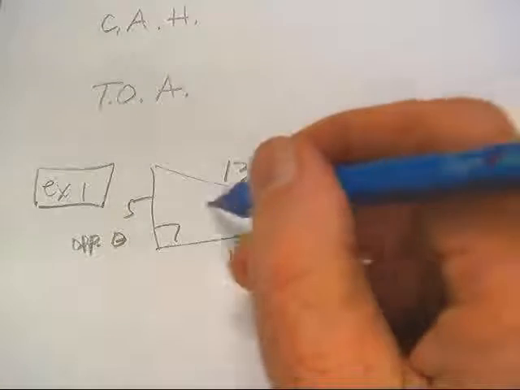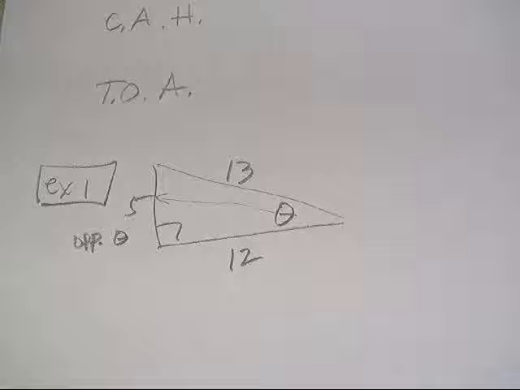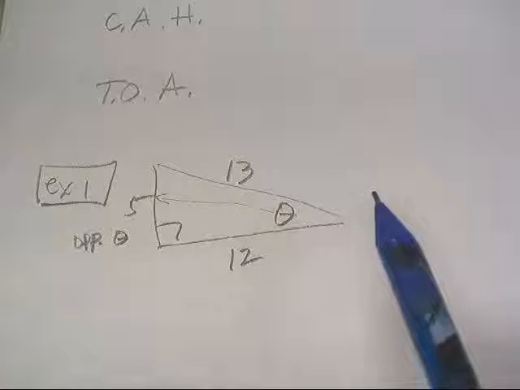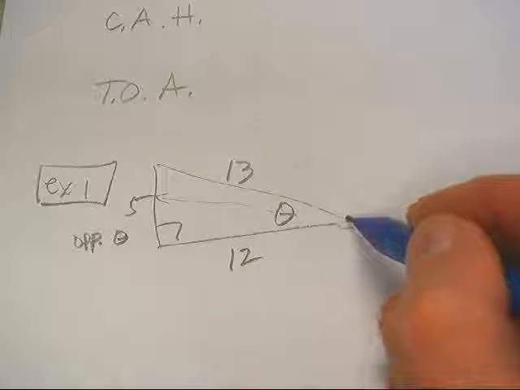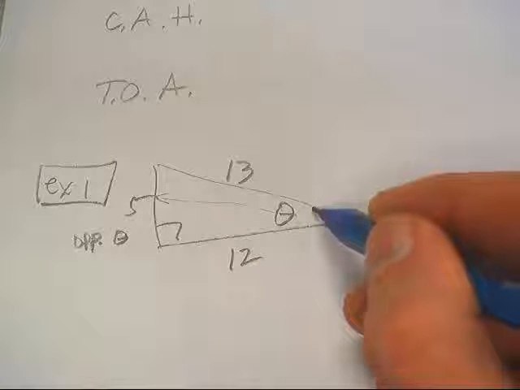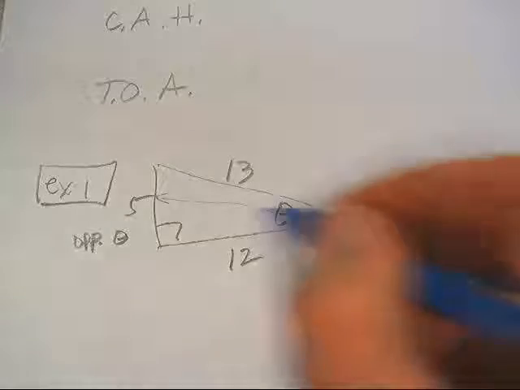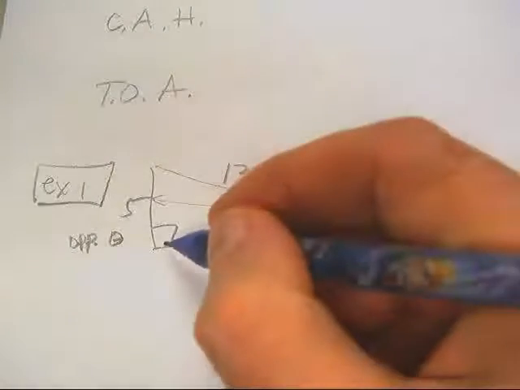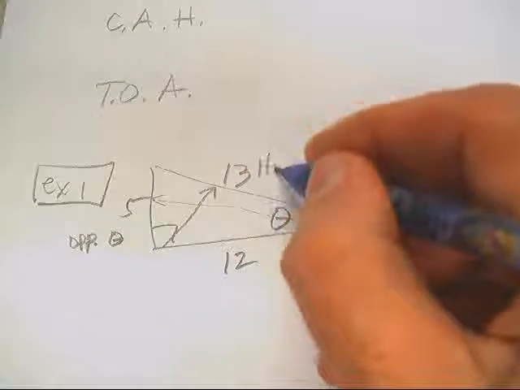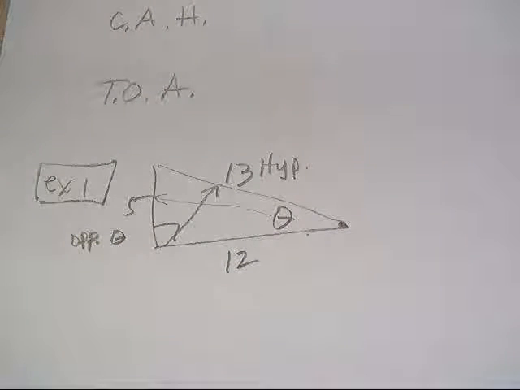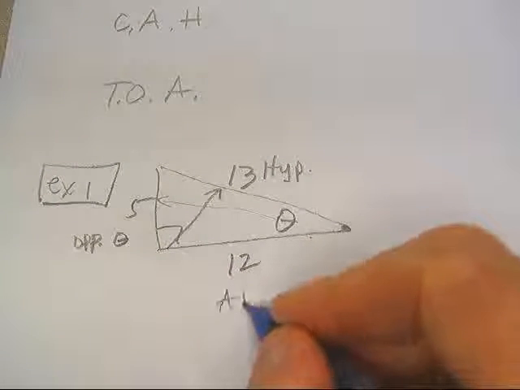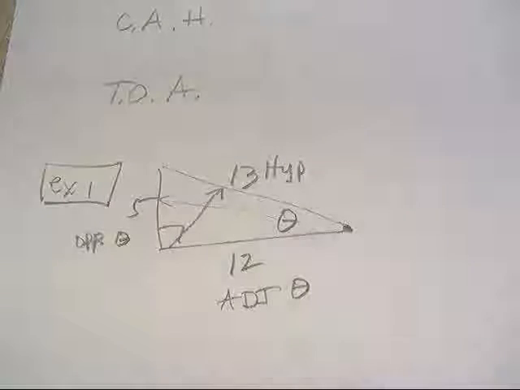Because the side opposite from theta is as far away as you can get from it. It also does not hit the vertex down here. It's not that side and it's not that side. The one across from the right angle is always the hypotenuse. This other one is also the adjacent. Please label these all 3 on every problem.